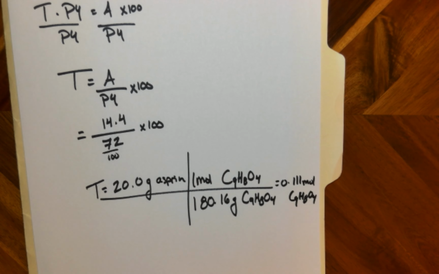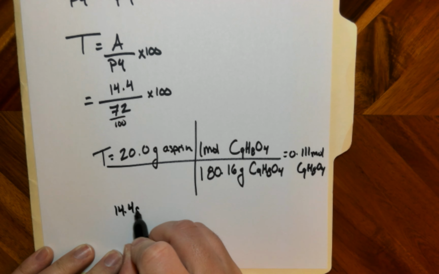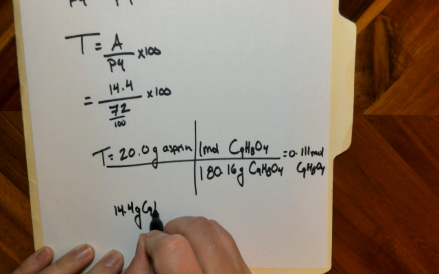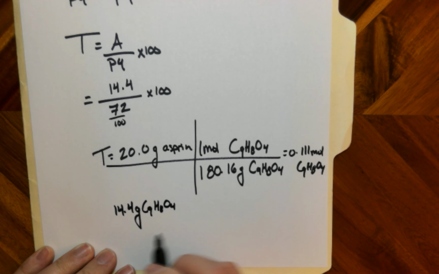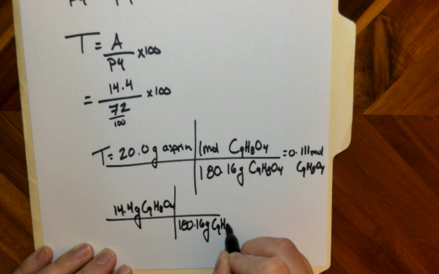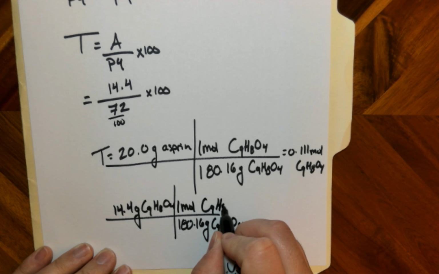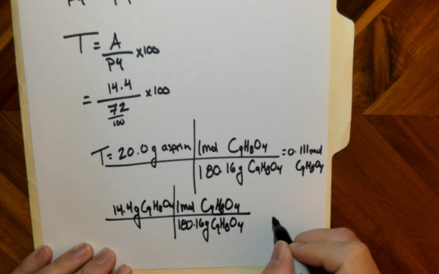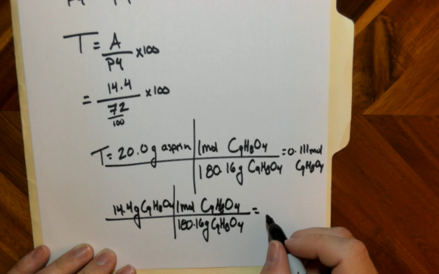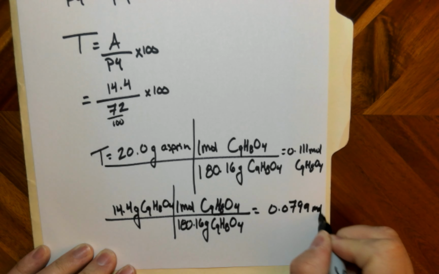Nice. When we do this for the actual yield, we do the same thing. The actual yield was 14.4 grams of aspirin, and so we'll just divide by the molar mass and that should get us 0.0799 moles.